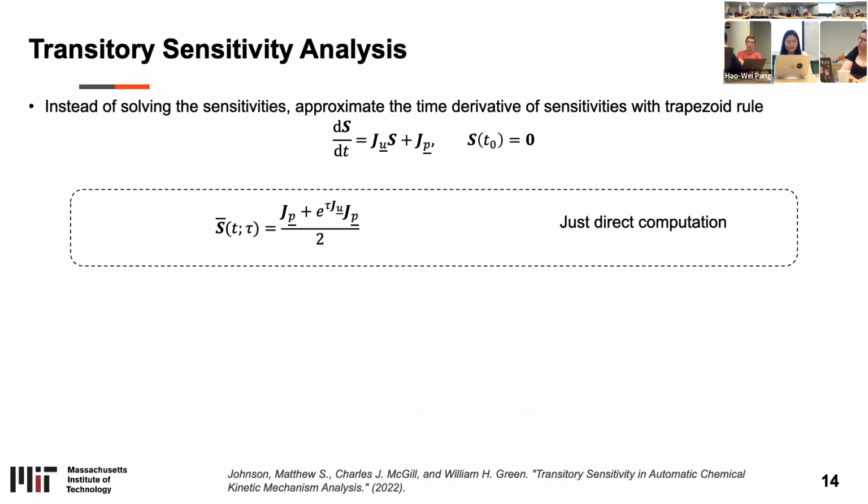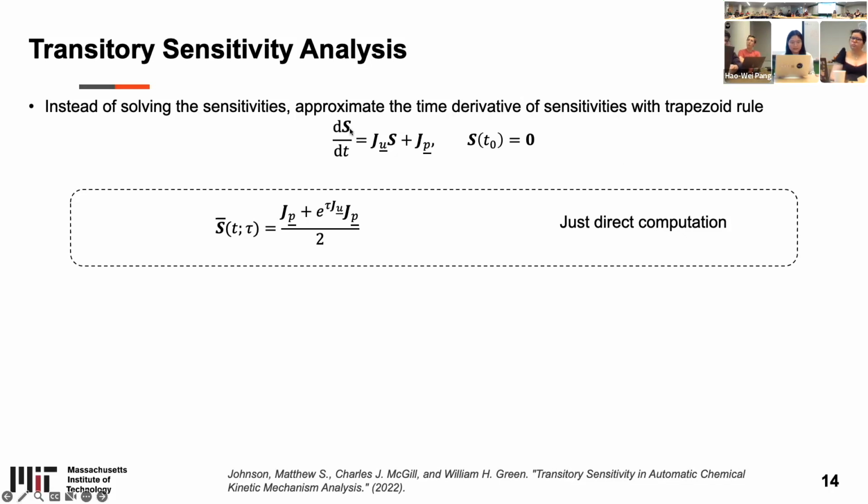There are four things that we support in RMG: the transitory sensitivity analysis. Instead of solving the ODE system, it approximates the solution of the sensitivity using the trapezoid rule.